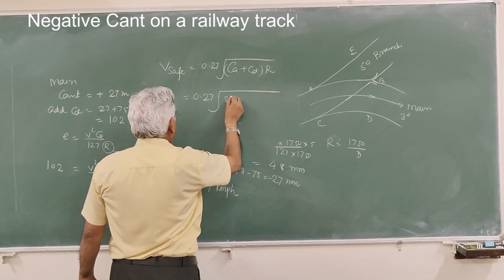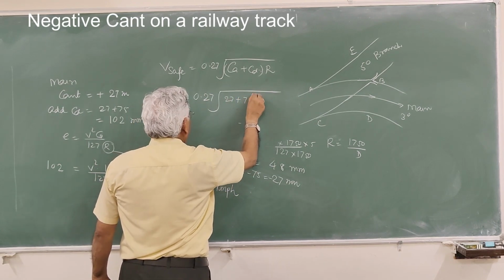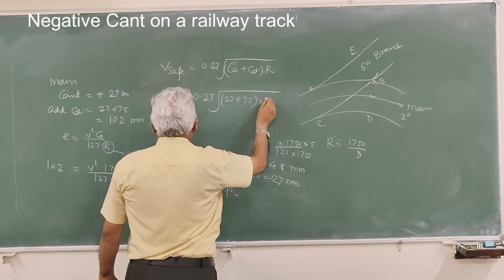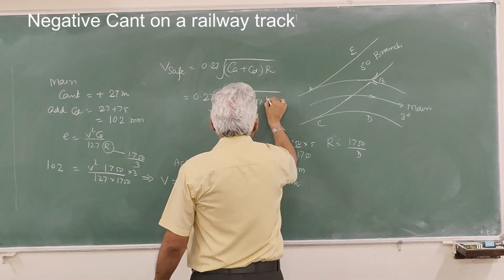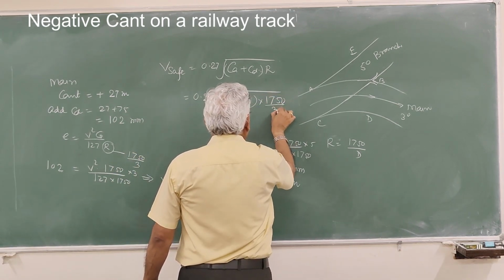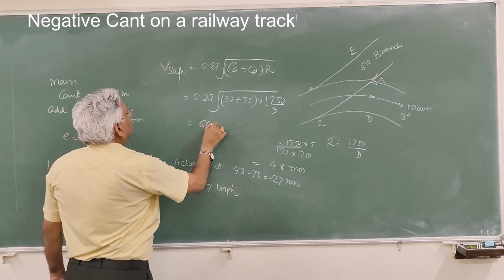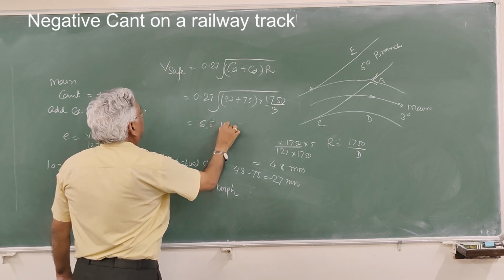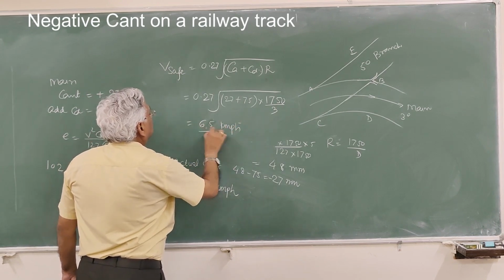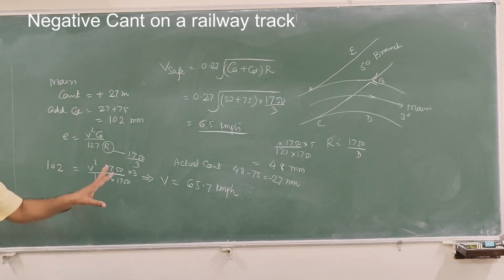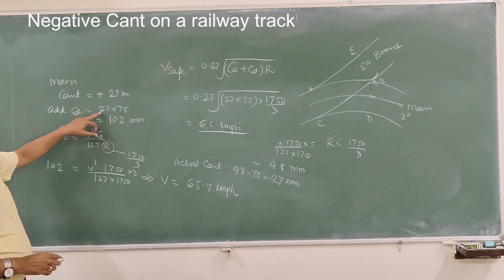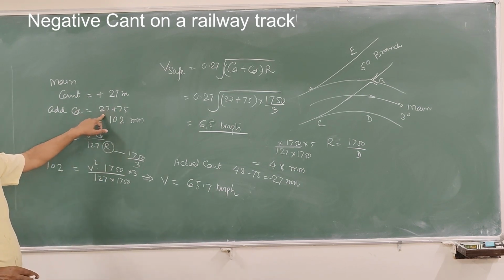CA is 27 plus 75 into 1750 by 3, and that will also be 65 kilometer per hour. It is 65 in this case because we have already considered the entire Cant deficiency here.